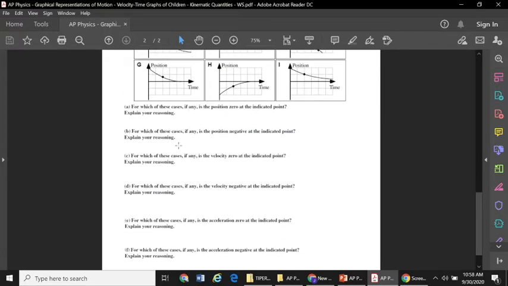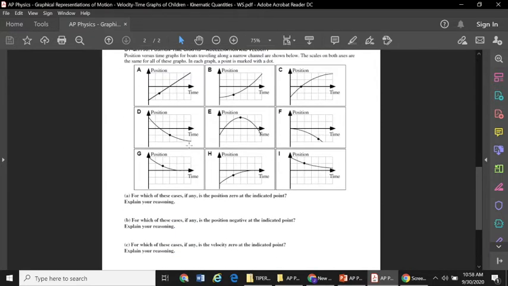I actually want to go over all of these, but I'm going to tell you to do them 2 at a time. Because if you look, notice A and B are asking about position, C and D are asking about velocity, and then E and F are asking about acceleration.